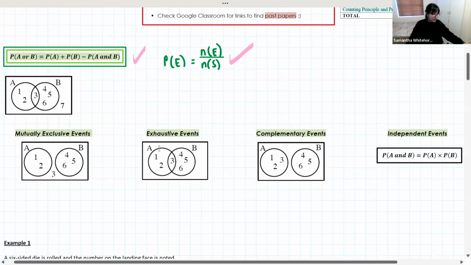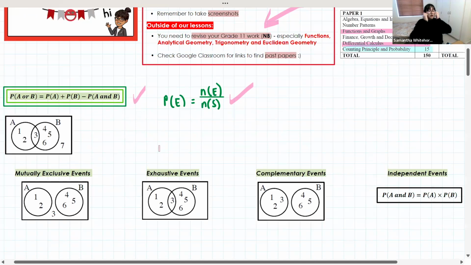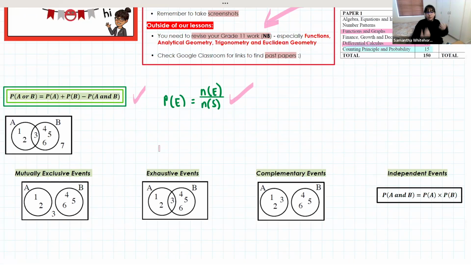Alrighty, so before we get into all of this, can someone tell me what probability is? So like when we work with probability, what is that actually? And you can unmute yourself if you want, or you can just type it on the chat.